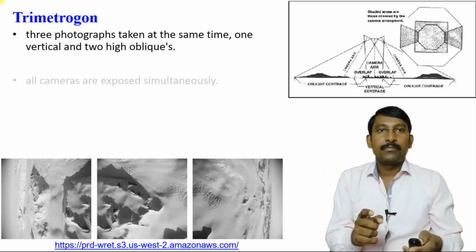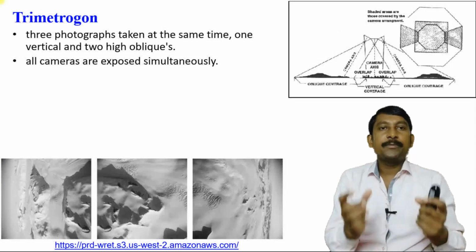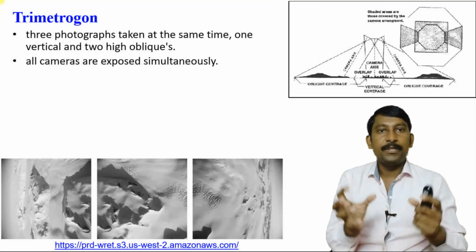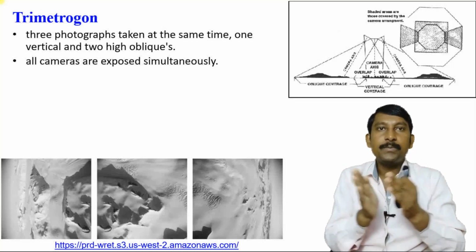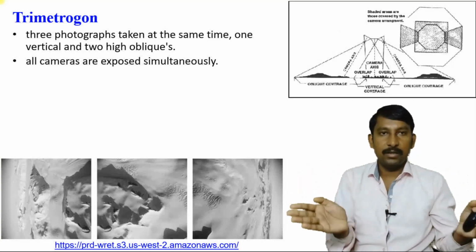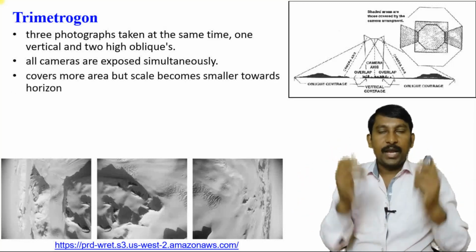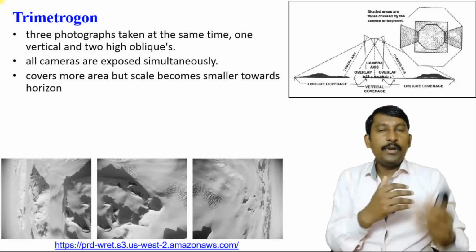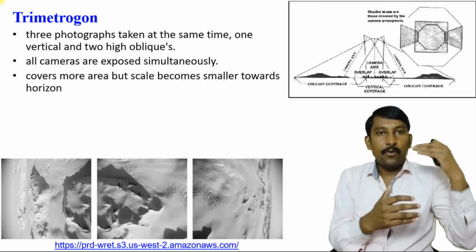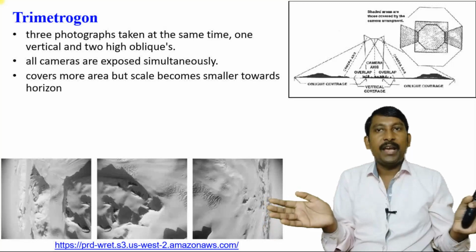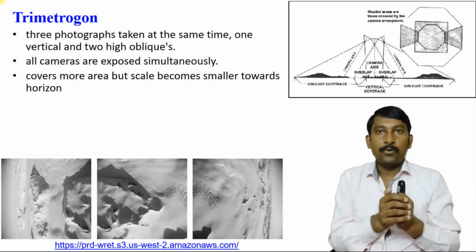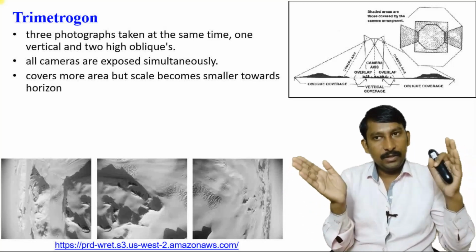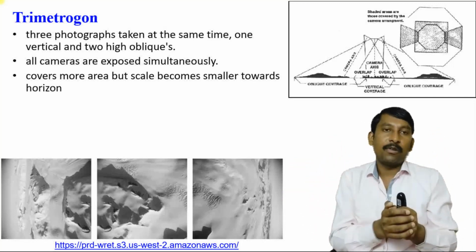All cameras expose simultaneously, meaning the 3 photographs are captured at a time, but the exposure stations of the 3 photographs are different. The camera covers more area.